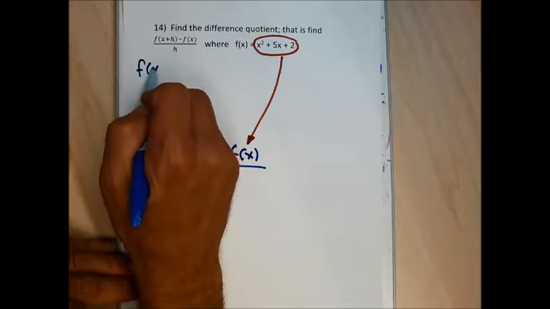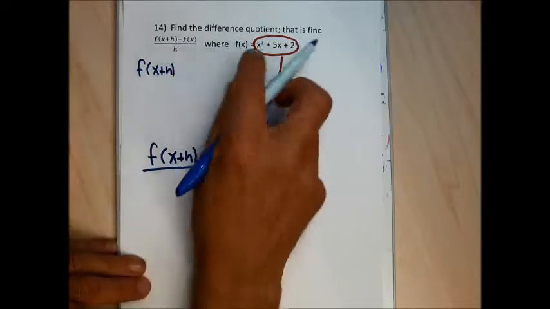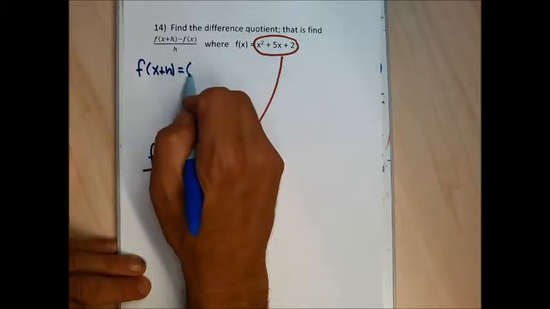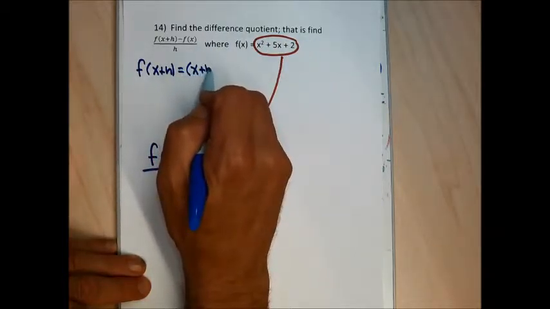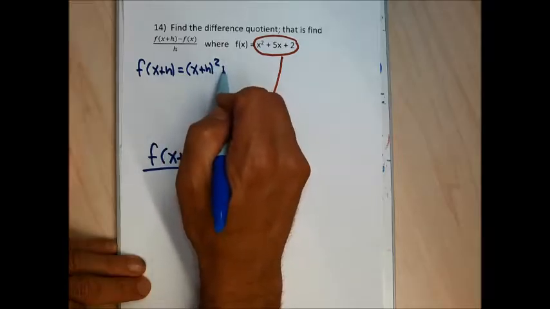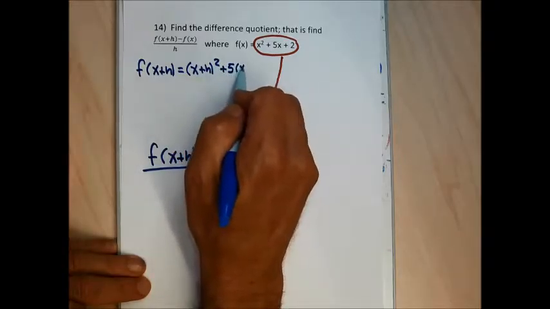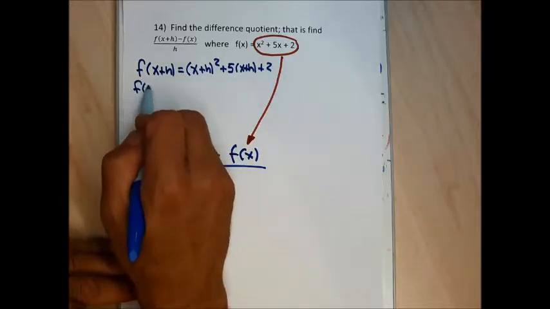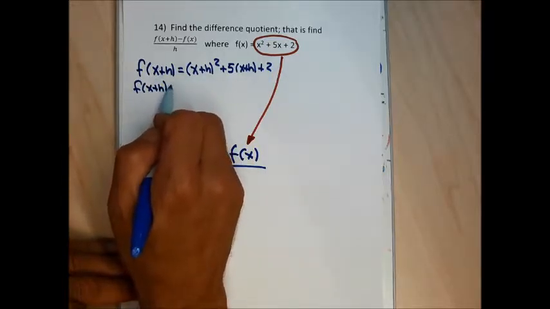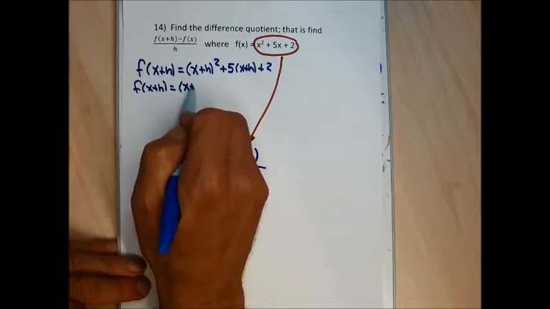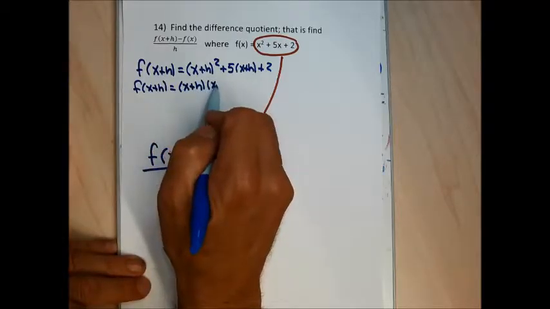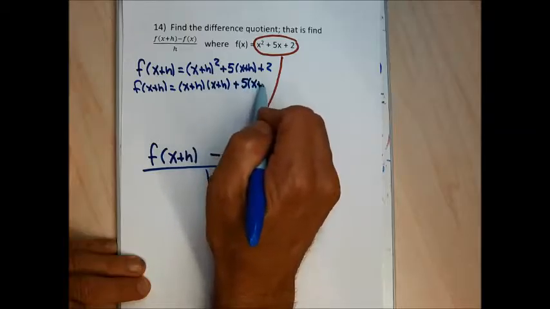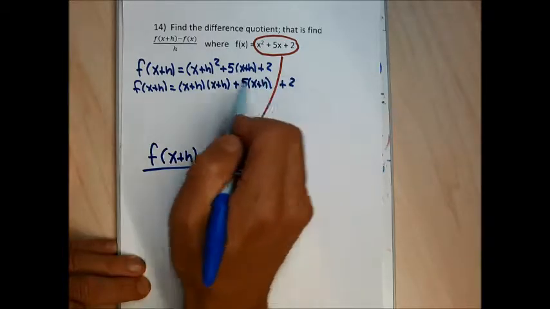To figure out what f of x plus h can be replaced with, I'm going to change each x in the f function to x plus h and get x plus h squared plus 5 times x plus h plus 2. That's going to be x plus h times x plus h plus 5 times x plus h plus 2.